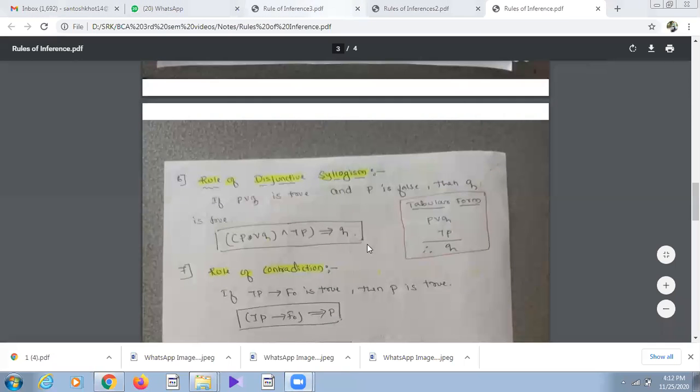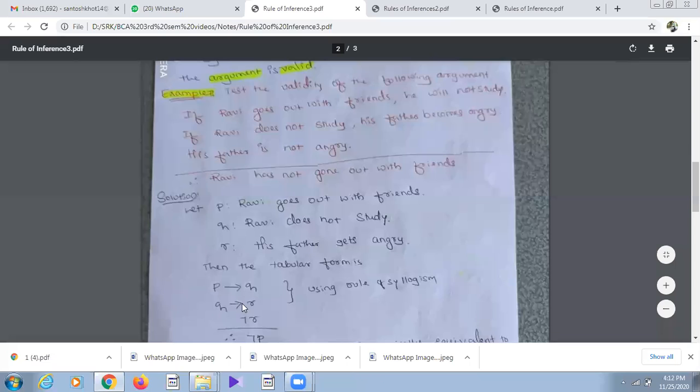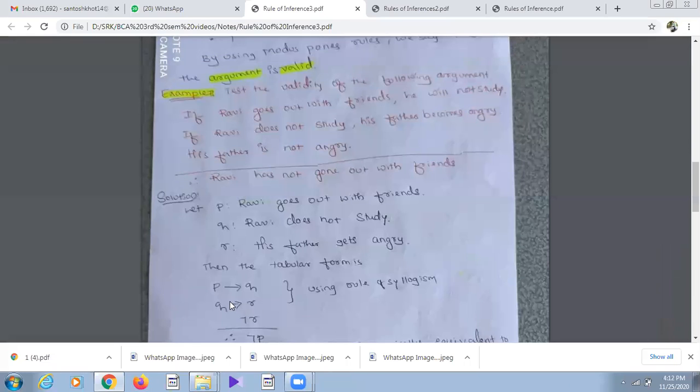So there is no such rule in the rules of inference with three premises. So you can apply some other rules, rules of inference or laws of logic, and then we'll say whether it is valid or not valid.